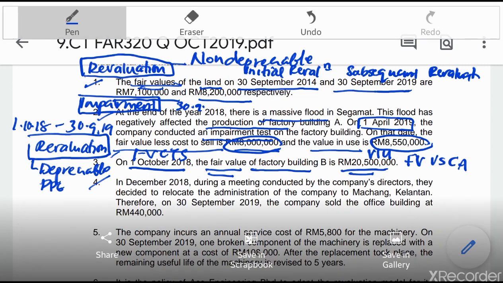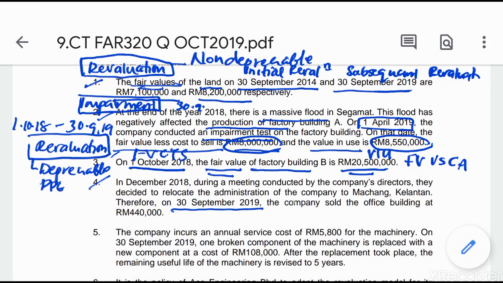Number 4 is about a company that decided to relocate the building. So at first, this office building was being used as admin building, and now they relocate the building, and after that, somewhere on 30th of September, which is at the end of the year, the office building was sold.